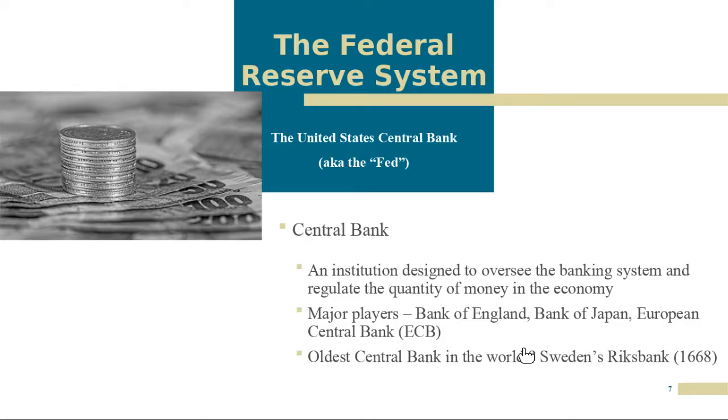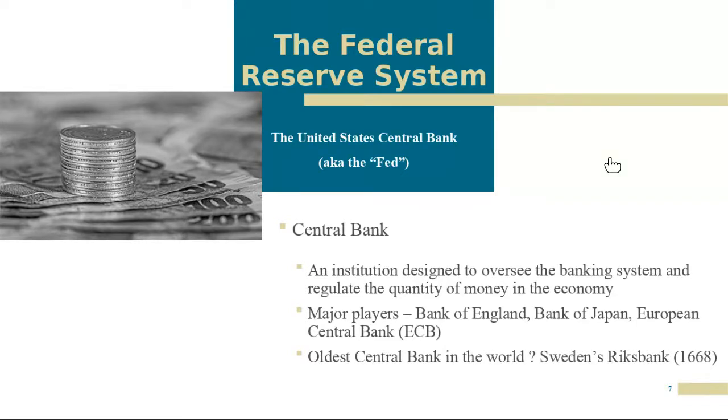Now, before we answer this mystery of how does currency multiply, we're going to focus first on the Federal Reserve System. This is the group that manages the US monetary system. They are the US central bank, and when you hear the Fed, this is often who's being referred to. A central bank is an institution designed to oversee the banking system and regulate the quantity of money in the economy.